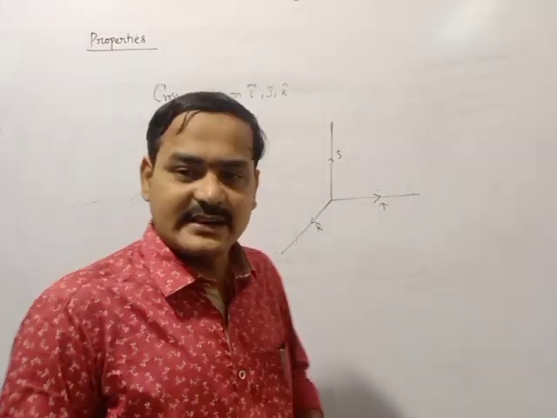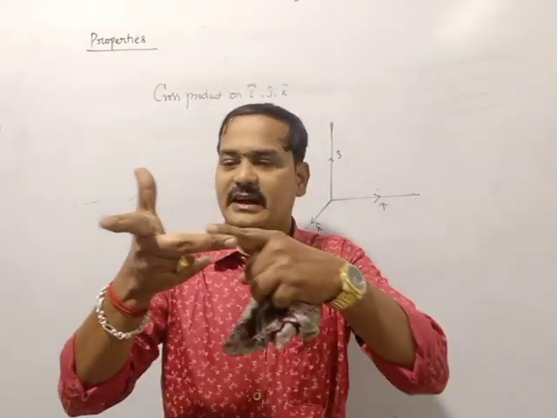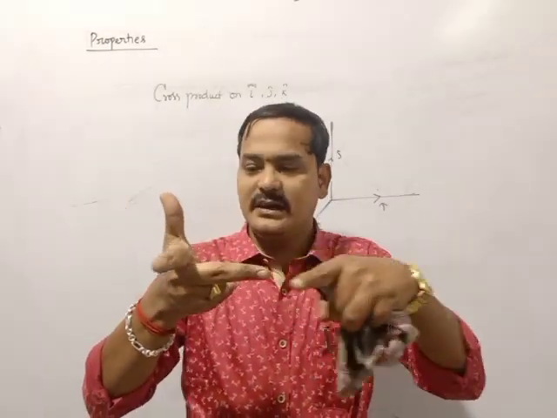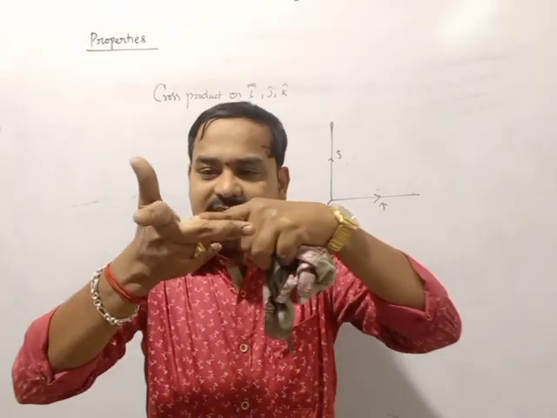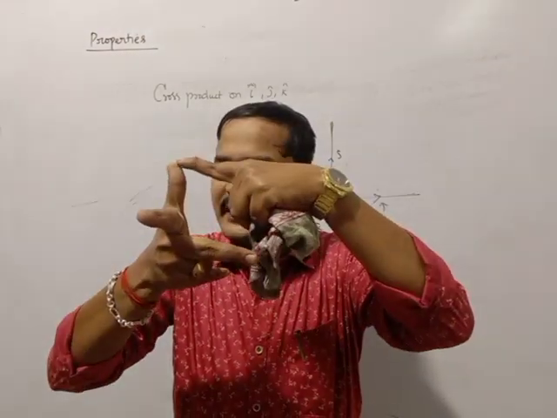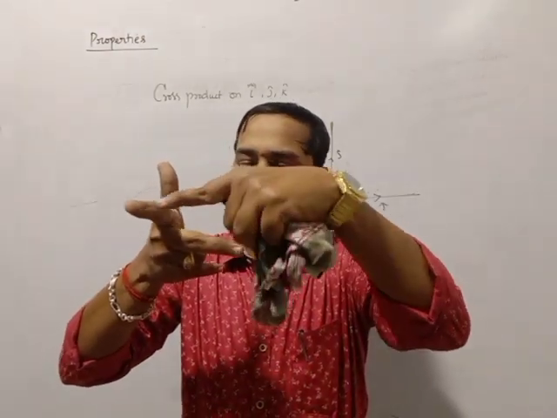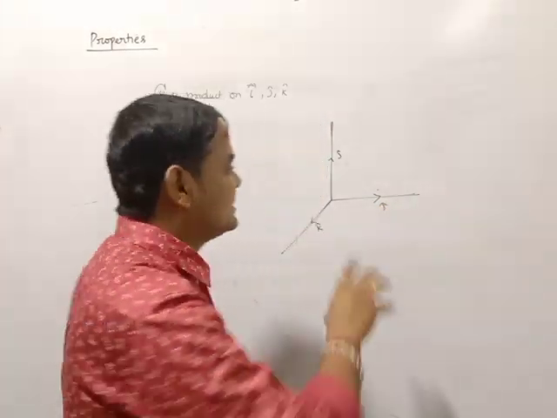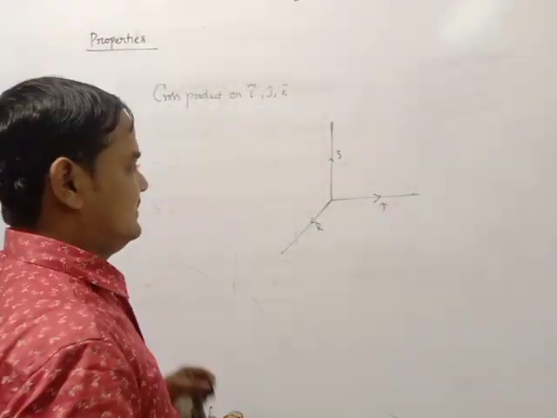These three vectors are i cap, j cap, k cap. See, perpendicular to i cap and j cap is k cap, perpendicular to j cap and k cap is i cap. So these three are mutually perpendicular vectors.